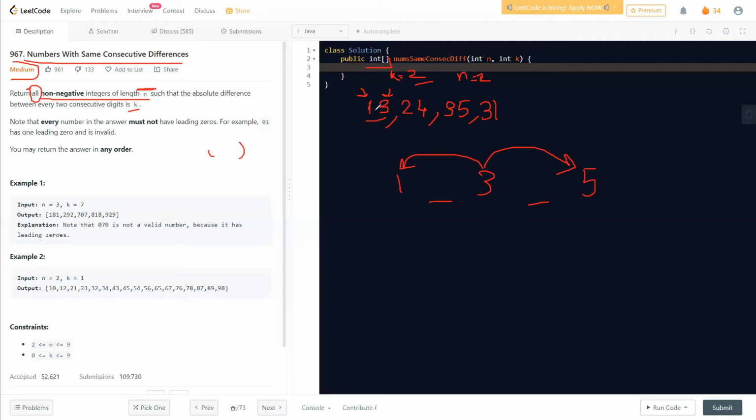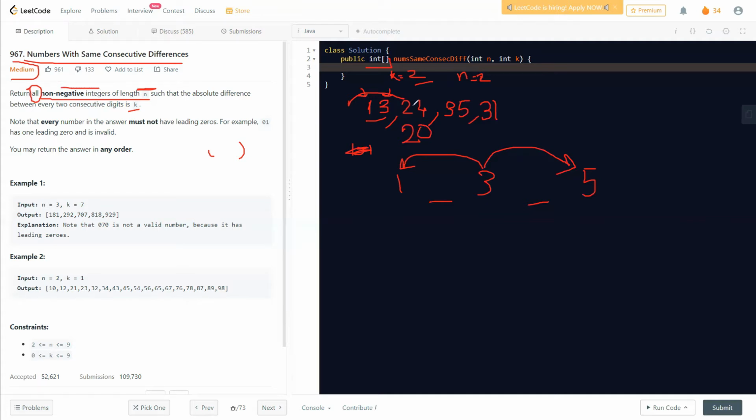That's true for all other numbers. For the first two numbers, 1 and 3, in 13 and 24, could we go backward? For 2, yes, actually we can go backward, so 20 is also a possibility. But for 1, going backward is not possible, because that will be 1 minus 2, which is negative and doesn't make sense, since we are creating non-negative integers.